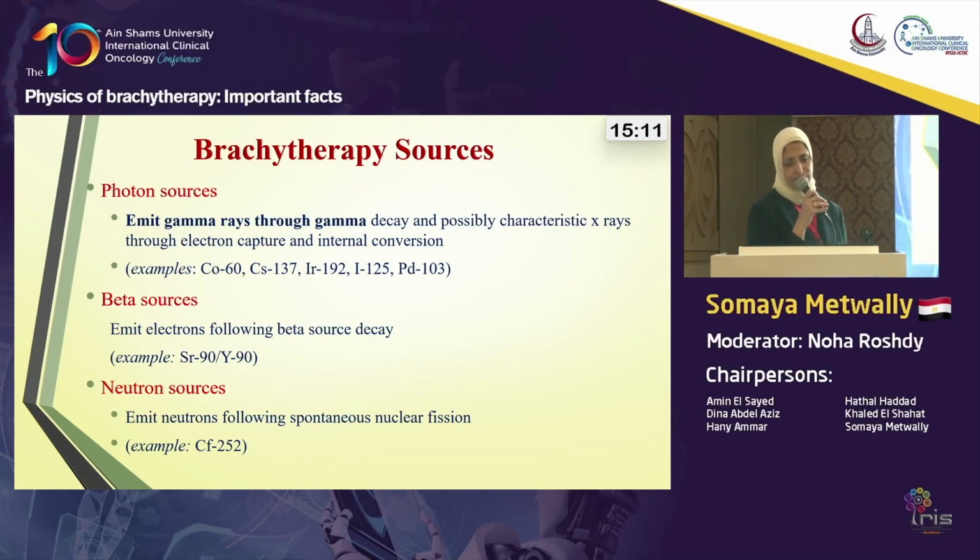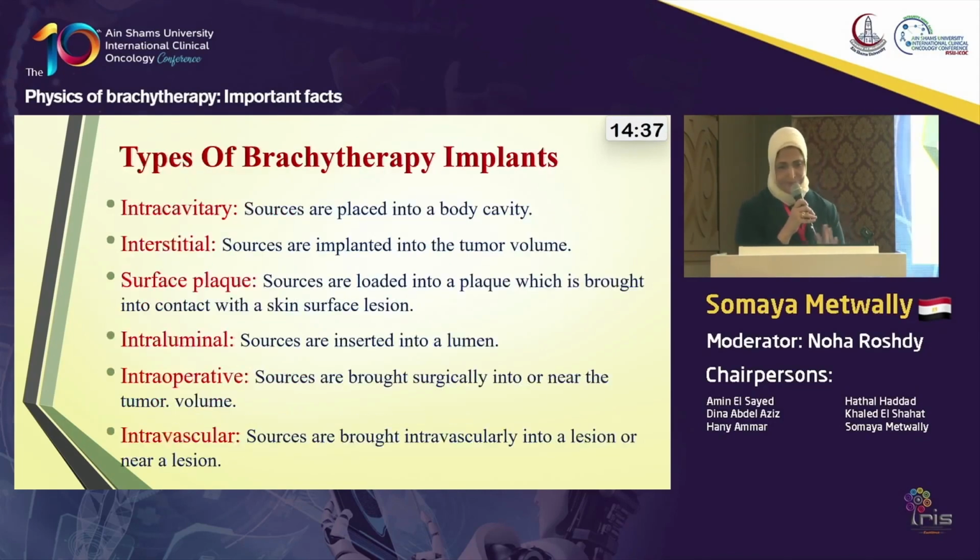Some examples of photon sources are cobalt-60, cesium-137, iridium-192, iodine-125, and palladium-103. We also have beta sources, which emit electrons from beta decay. Examples are strontium-90 and yttrium-90. Neutron sources emit neutrons following spontaneous nuclear fission. An example is californium-252.